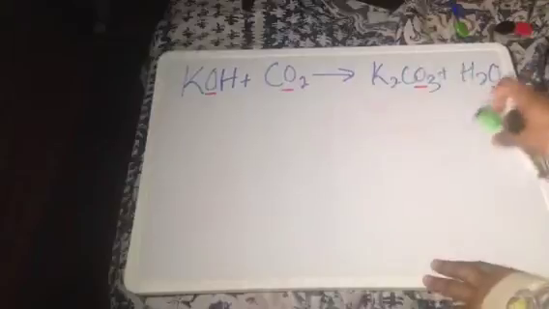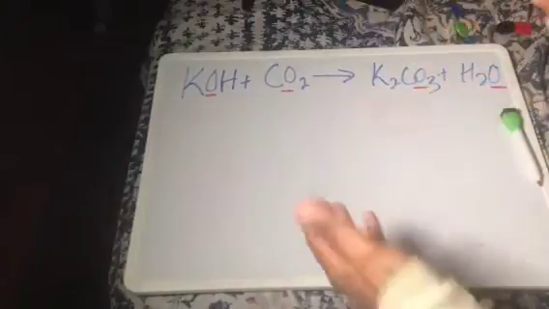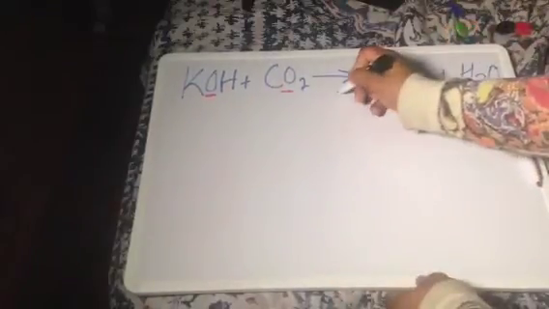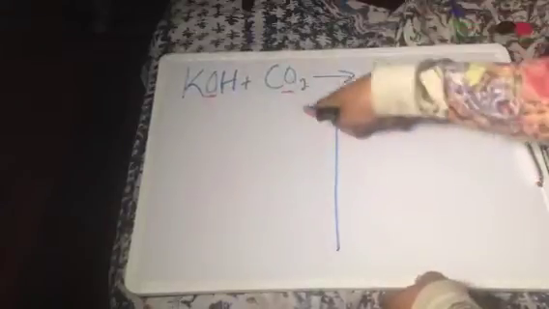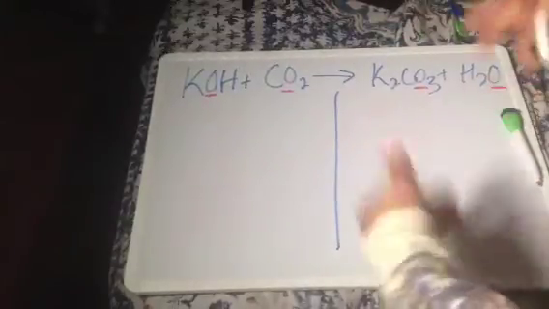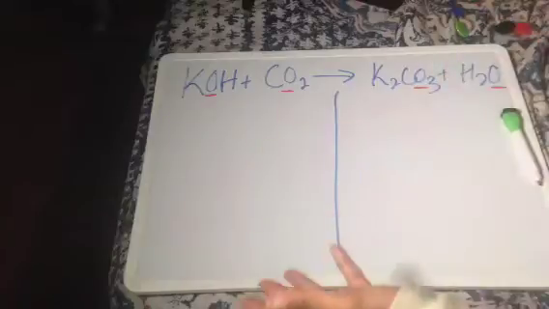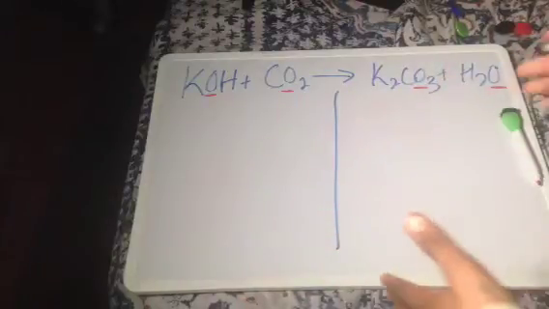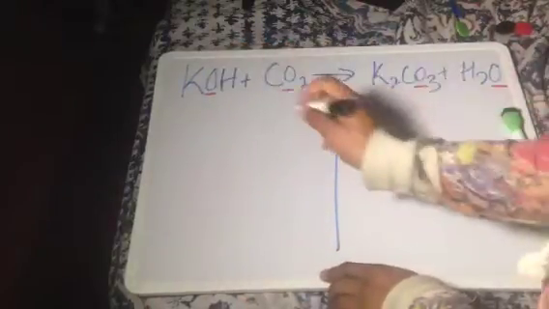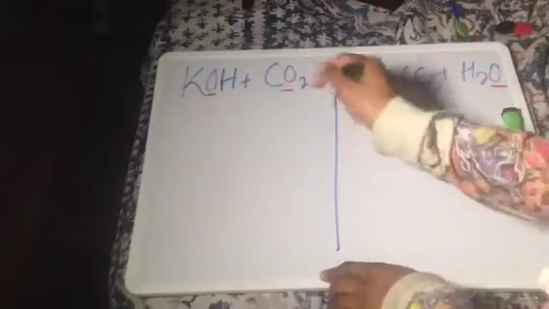How I'm going to start, as I've been starting with these videos, is I'm going to divide our reactants from our products, just to simplify it, nice organization. So again, we're going to start by identifying each element.